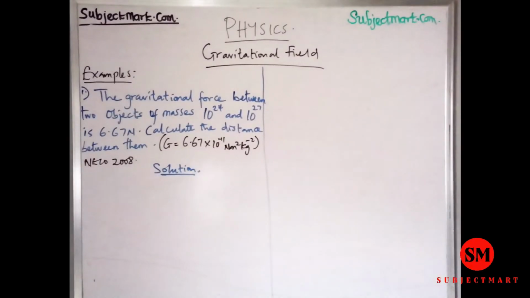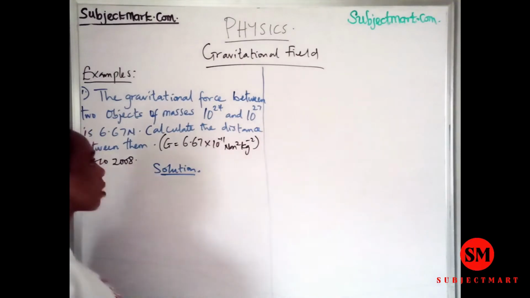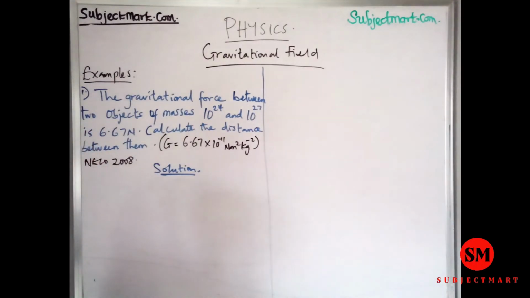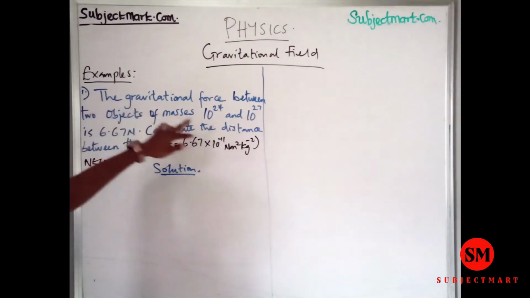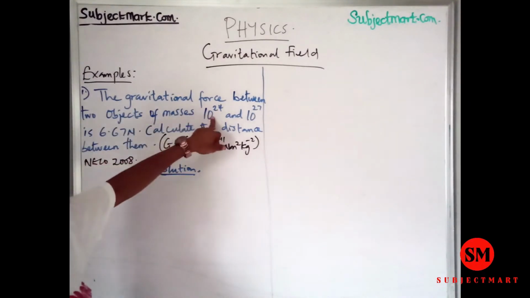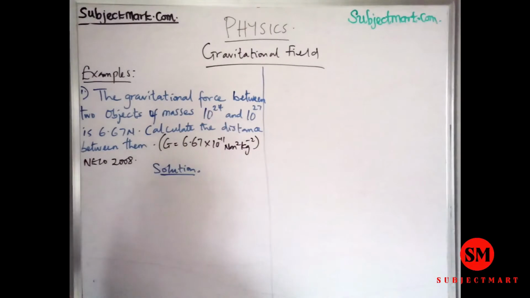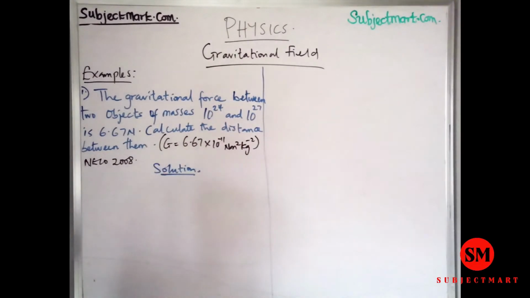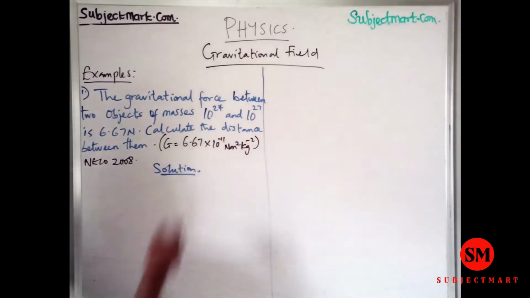Okay, quickly, I would like us to solve a question on that using Newton's law of universal gravitation. So I have this question here. The gravitational force between two objects of masses 10 raised to the power 24 and 10 raised to the power 27, of course, you know they will be in kg.